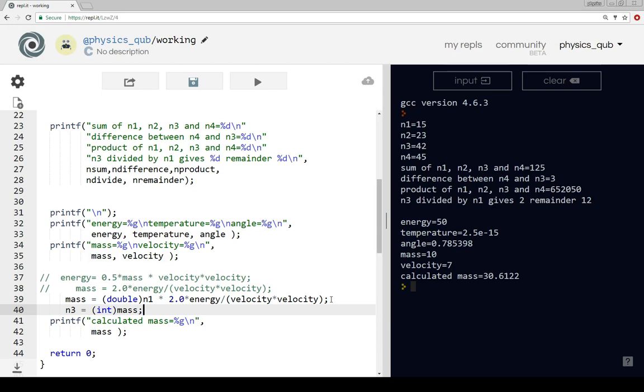I could put a whole load of maths over on this side, but what I want to do is convert mass. We can see here that it's 30.6122. We want to convert that into an integer and put it into the value of n3.